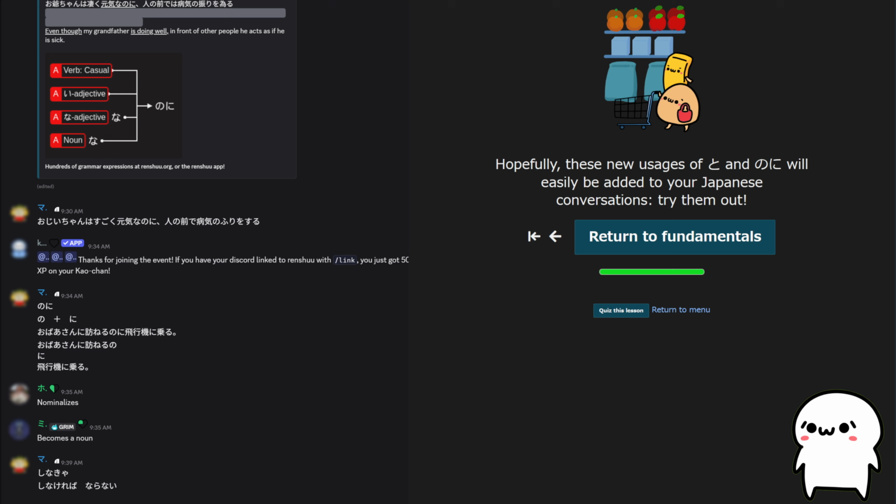Anyway, that's it for today. We've just got these two. So just as a quick review, we used to describe, more often than not, a natural cause and effect relationship between two things. When it rains, I don't go outside. Or, when it's sunny, lots of people play at the park.